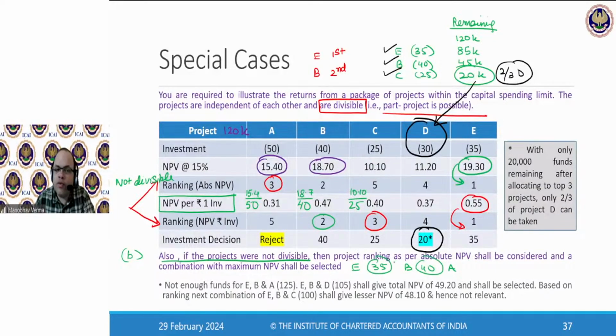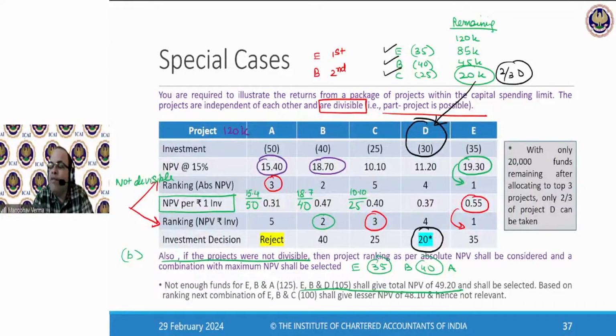So there are not enough funds for E, B, and A, whereas E, B, and D would give you a higher NPV of 49.2, right? So we have to consider that combination. We can go with E, B, and D. You have funds because E will take 35, B 40, and D 30. So the total requirement here is 105. You still have 15,000 with you.